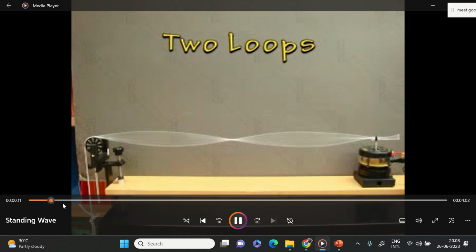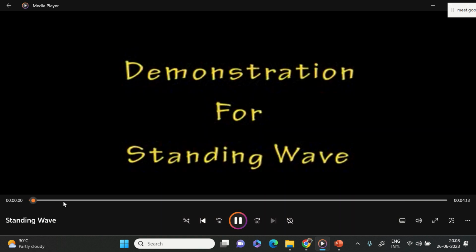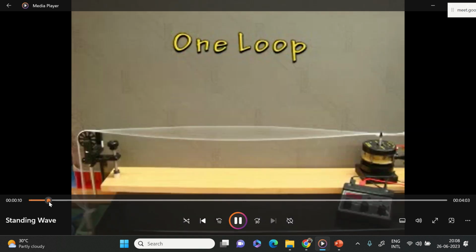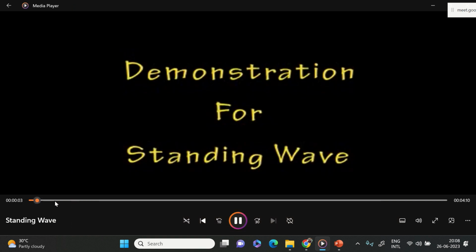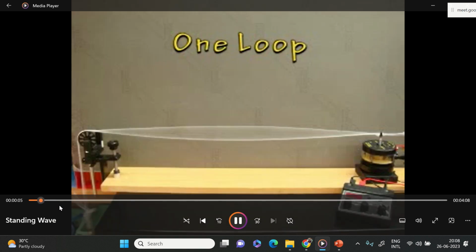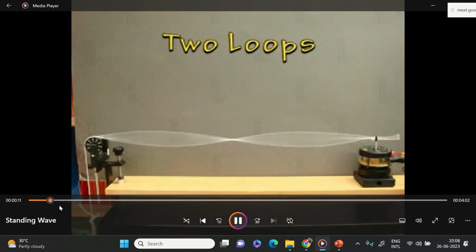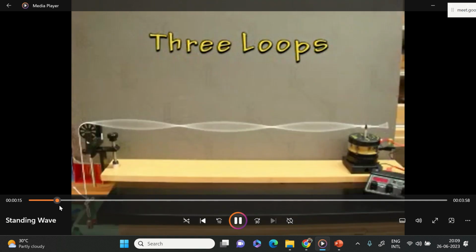So these one, two, three loops that you can generate in a string, in a normal string. It is very important. We talk about so many things in quantum mechanics, but sometimes people miss out on this basic point. Right. So if you understand the basic nature of a standing wave, you will understand what happens.